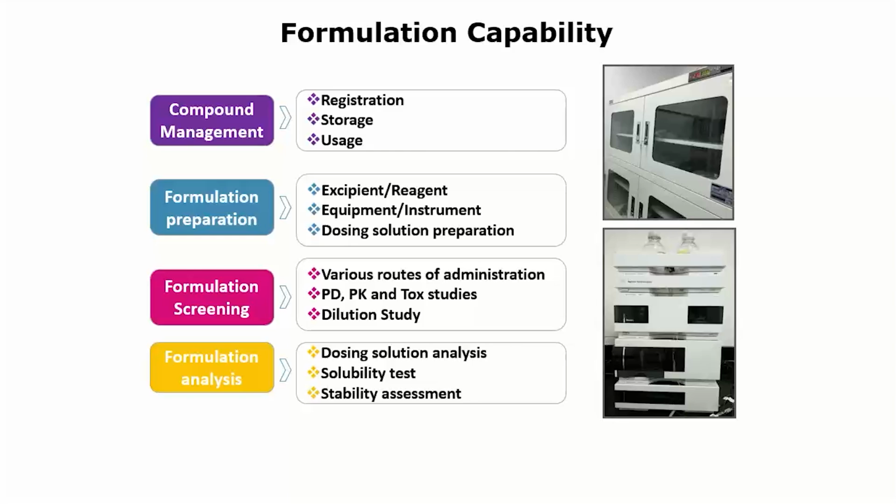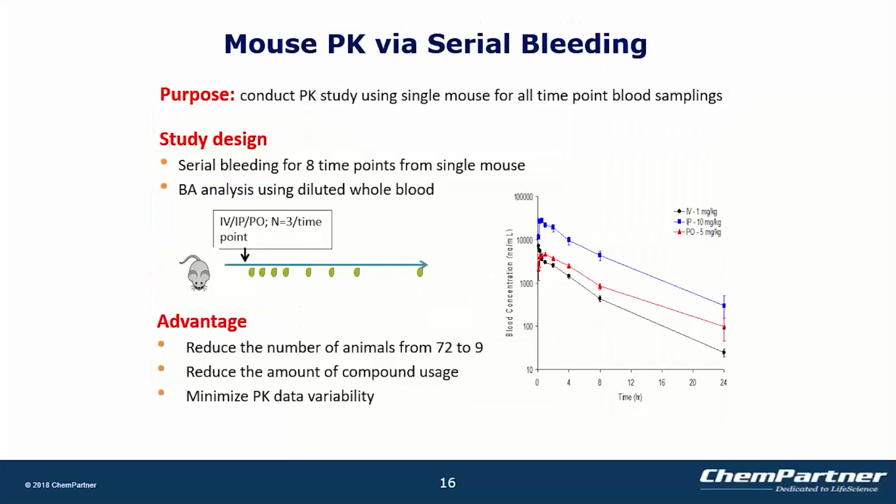So we also do formulation analysis. Overall, we have very strong formulation capability, and we can do different kinds of formulation for you. Also I want to mention that early stage formulations for rodents are different from dog and monkeys. Some of the formulations cannot be used in dog and monkeys due to toxicity.